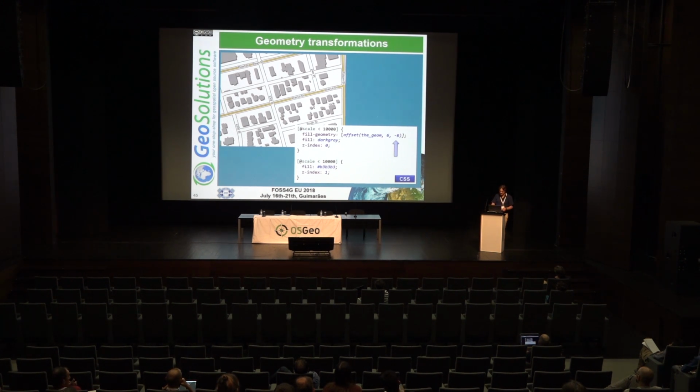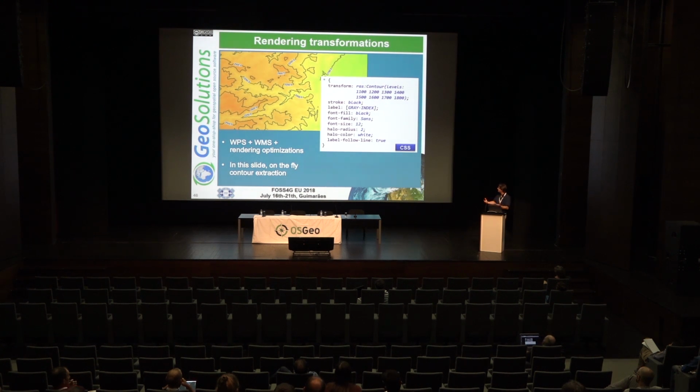If you're not happy with this level of transformation, you can push it further and say, okay, let's take the entire dataset, the entire layer, and transform it into something else before rendering on the fly. This is a case in which I have a digital elevation model, and I have extracted contour lines on the fly and then depicted them as such with the values and so on. The machinery is really, really optimized, and it can be used for interactive rendering.